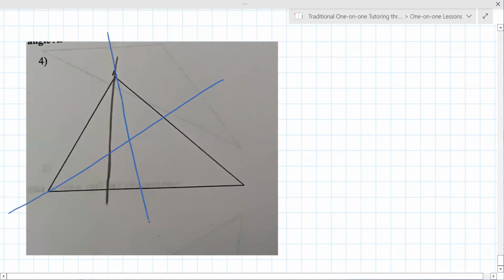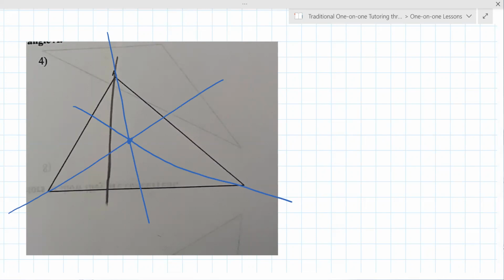And then that third one has to go through the other point there, like that, without the curve. That would probably be sufficient for these. And you would do the same thing on 3. So 5, 6, 7, and 8 are the same.